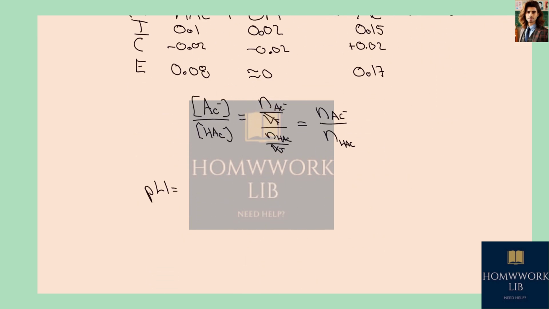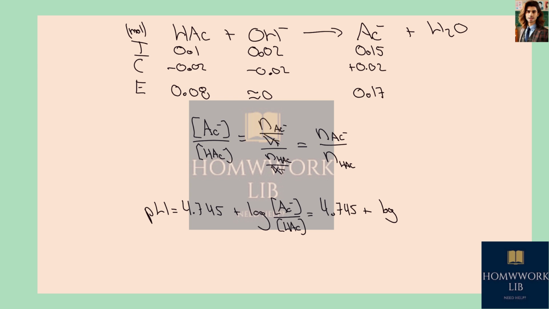So in our Henderson-Hasselbalch equation, we know that pH will be equal to pKa, that was 4.745, plus the logarithm of the concentration of Ac minus divided by the concentration of acetic acid. This becomes 4.745 plus logarithm. We said that that was going to be equal to the amount of moles.